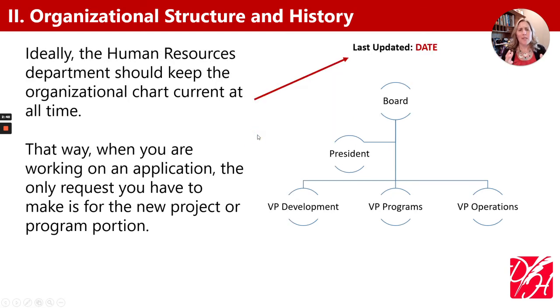Now, whose job is it to keep this organizational chart current? Well, it's rarely that of the grant professional, although it is an important document that we utilize within our grant applications.